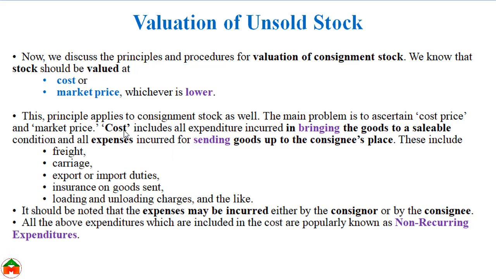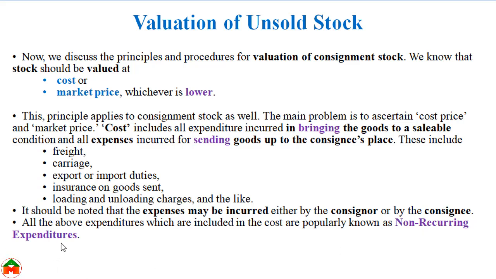and this cost price or market price, whichever is lower, should be considered as the value of the unsold stock. Which expenses should be considered for calculating the cost price? We can see the non-recurring expenditures.